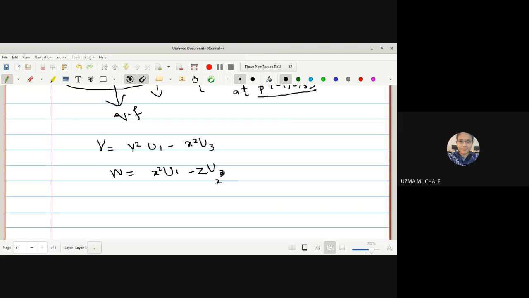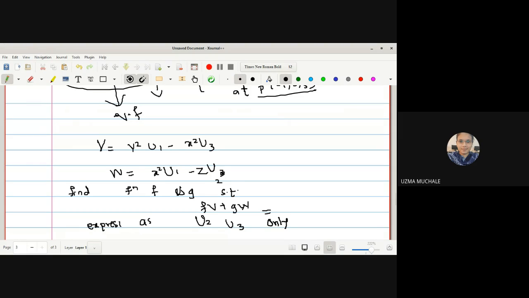Find the functions f and g such that fV plus gW can be expressed in terms of u2 and u3 only.